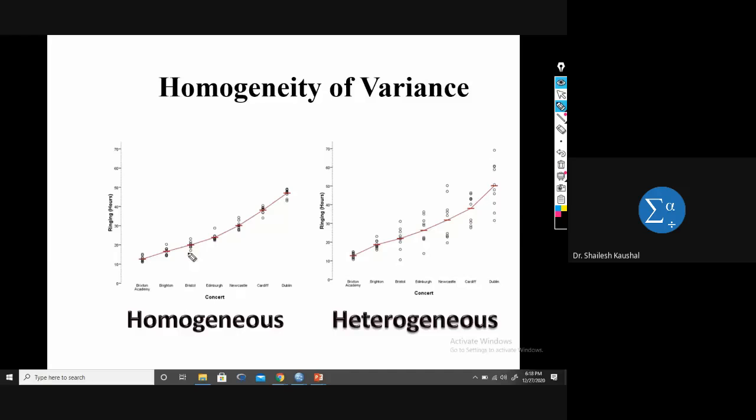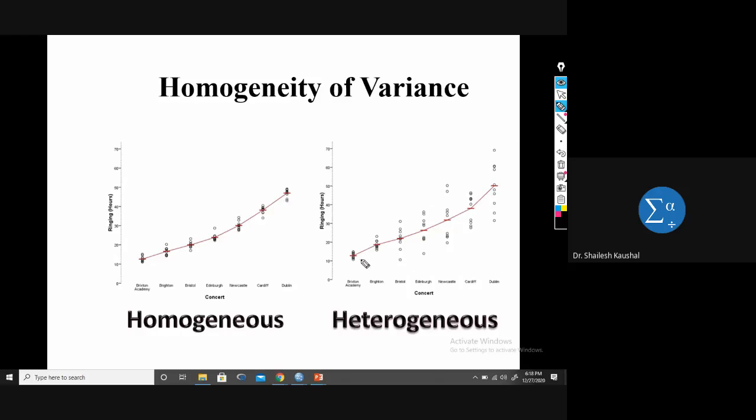Here this to this is basically a range. When the range across the groups, 1 group, 2 group, up to 7 groups, is the same, means constant, then we can say data is homogeneous.